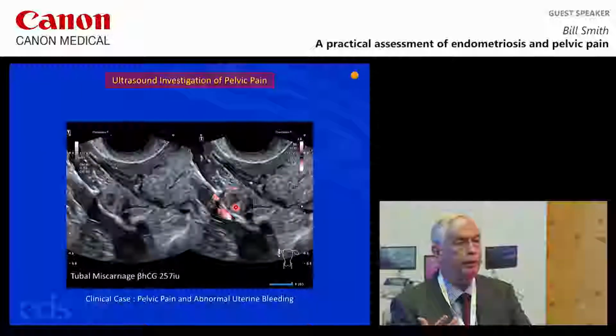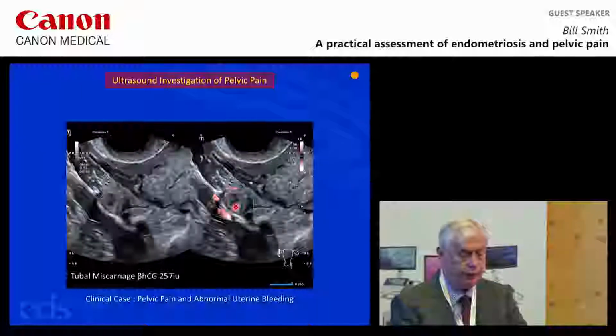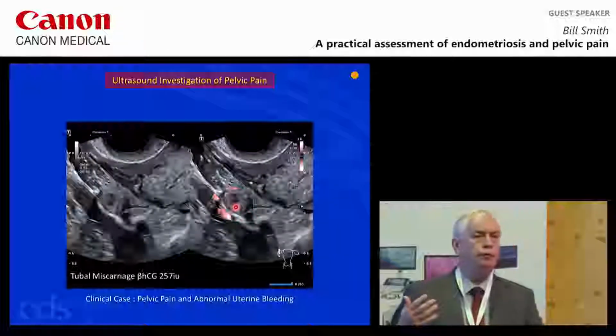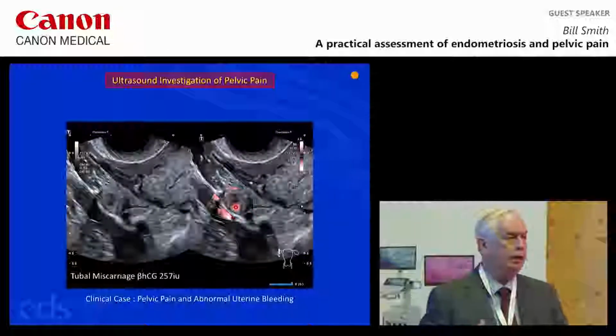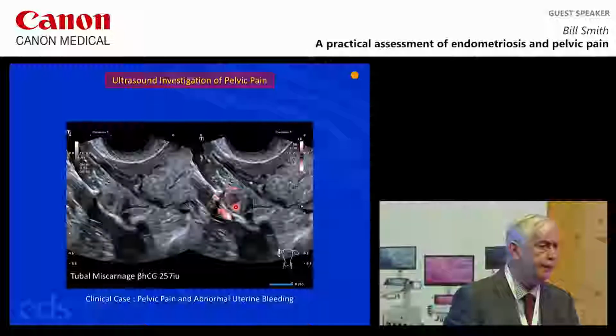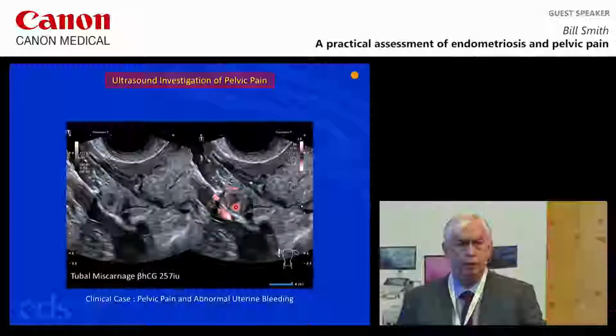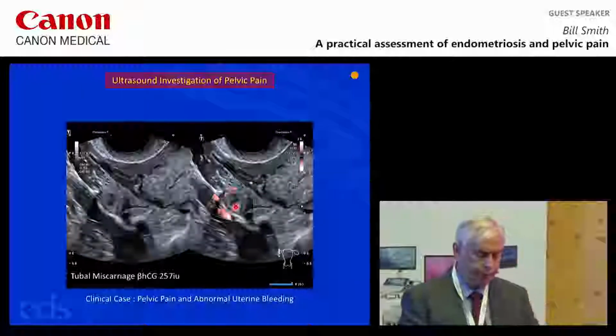And with color Doppler, and certainly if we introduce 3D, we know that that's likely to be an ectopic pregnancy. And certainly the degree of vascularity we see around an ectopic pregnancy, certainly in the case of tubal miscarriage, will reflect beta HCG levels.